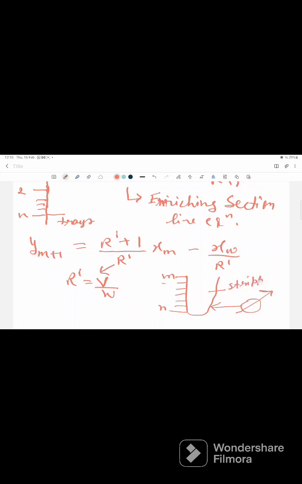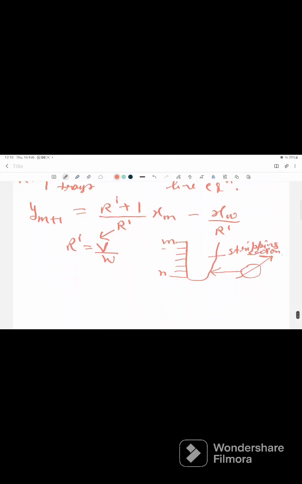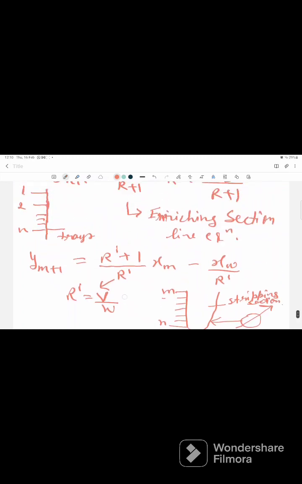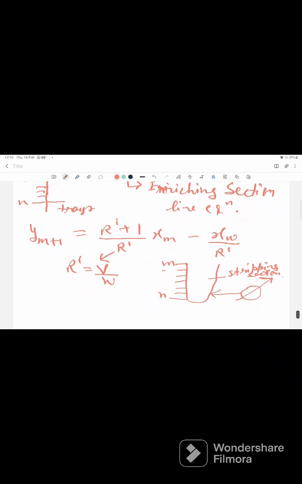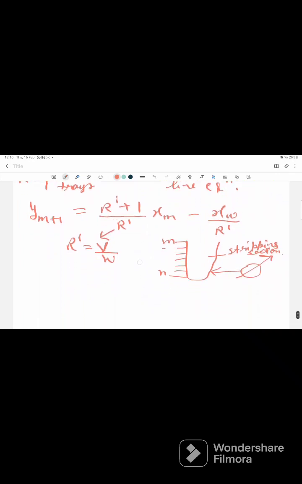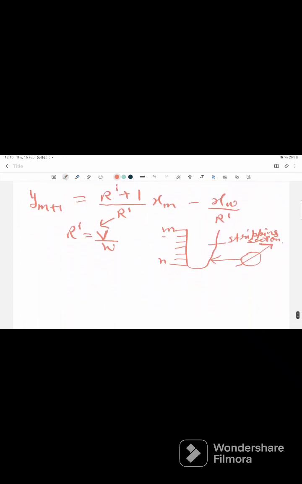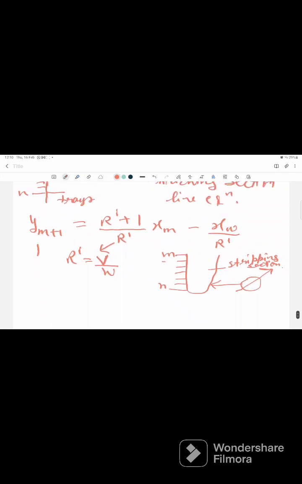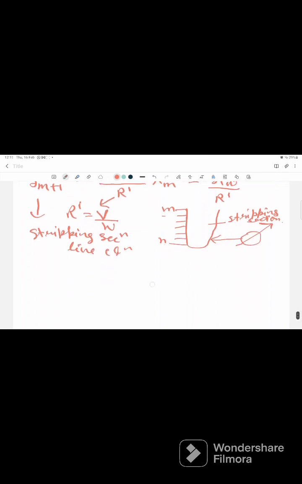Stripping section. This is the stripping section line equation.